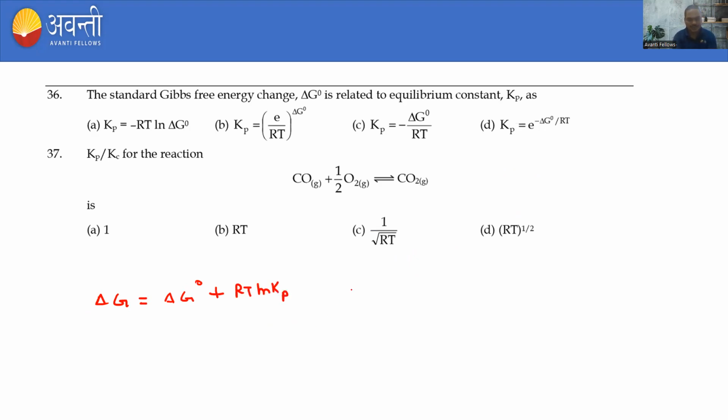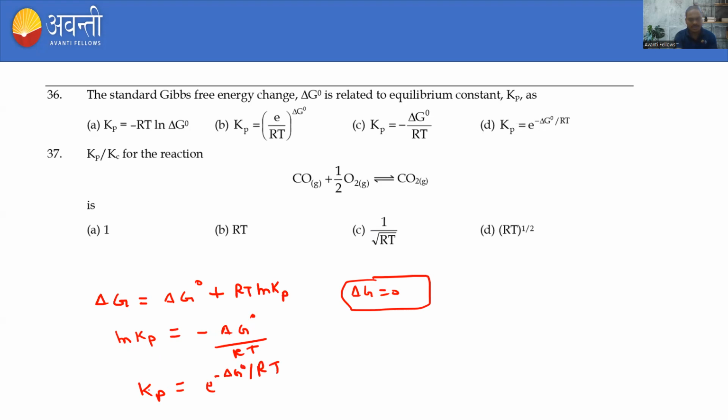At equilibrium, delta G is equal to 0. So ln Kp is equal to minus delta G naught divided by RT. So Kp comes out to be e raised to the power minus delta G naught divided by RT. So which option is correct, beta? That is option number D.